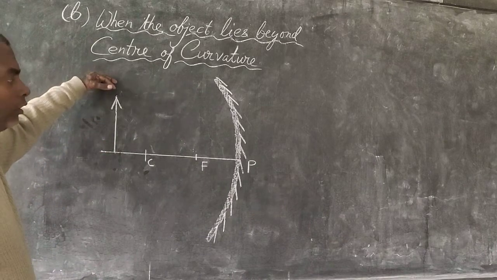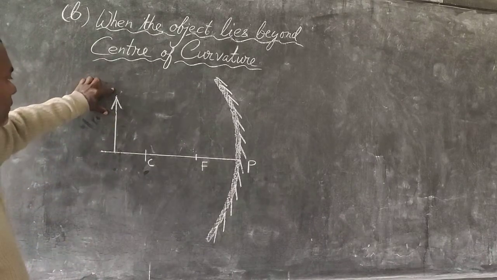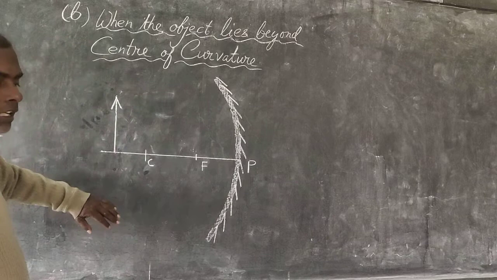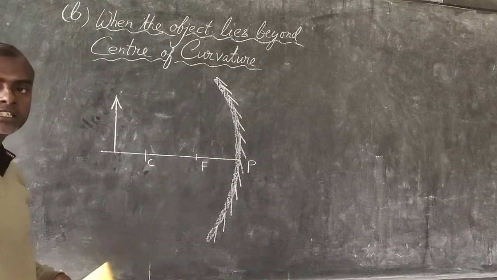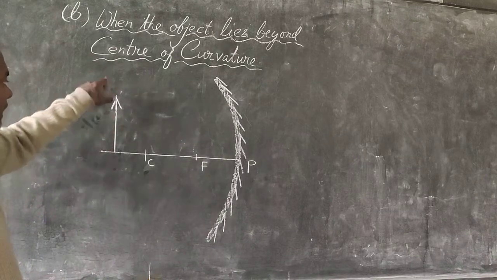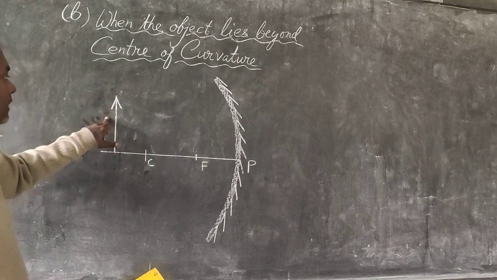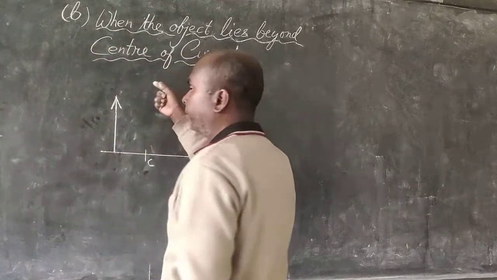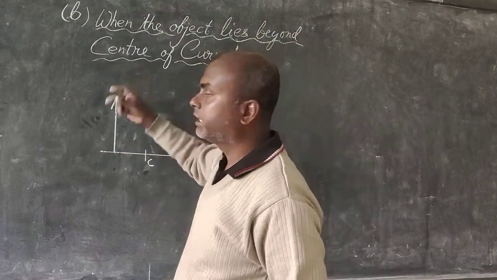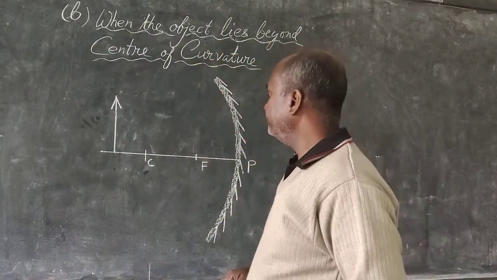Or a house or a man, the head of the man will be on the top and the legs down. So this is the object. It can be anything, so I have in general drawn a line with an arrow. The arrow indicates that the head of the object lies above the principal axis.